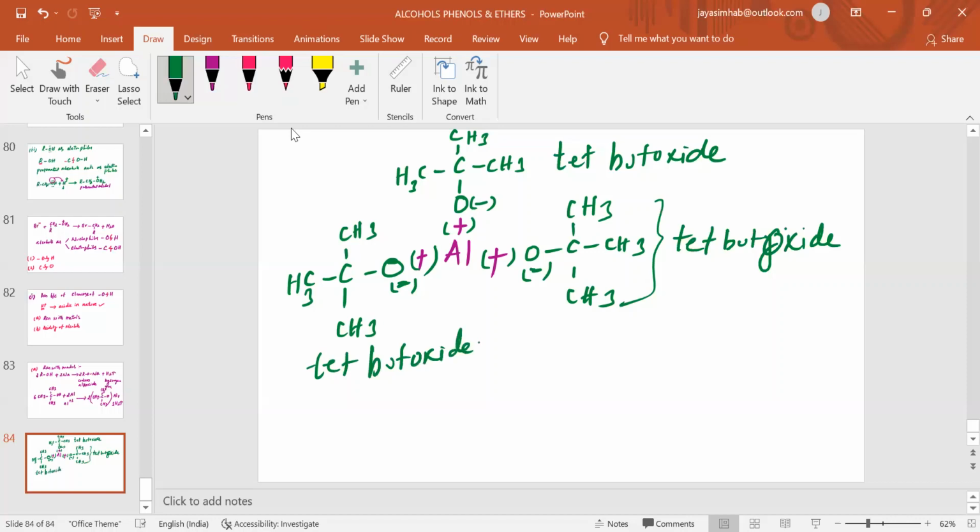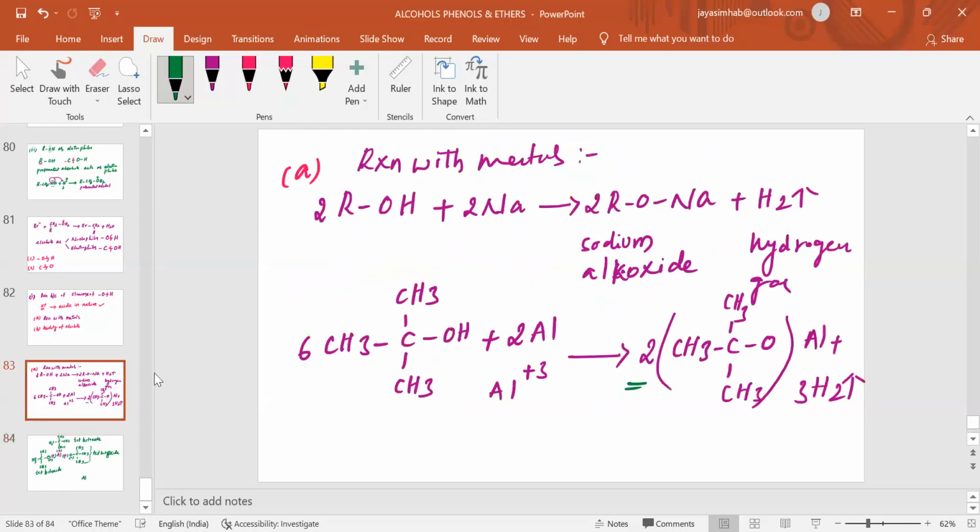So now you understand. Such formations will happen twice. Another aluminum also will show the same thing. That's why we have written two such structures attached with aluminum. Understand? It means two aluminum will be there.